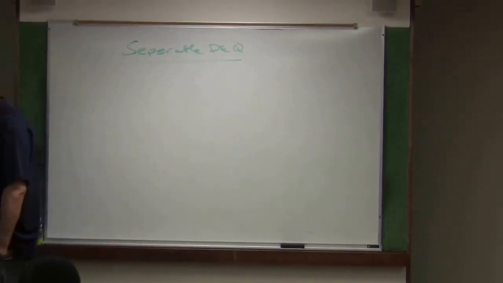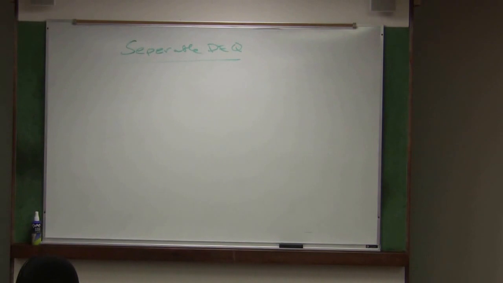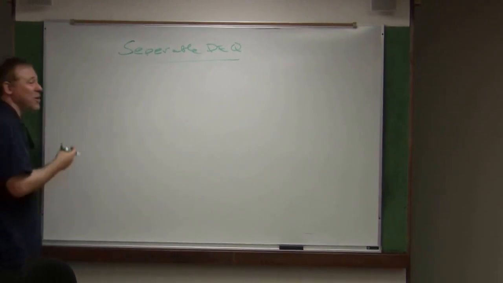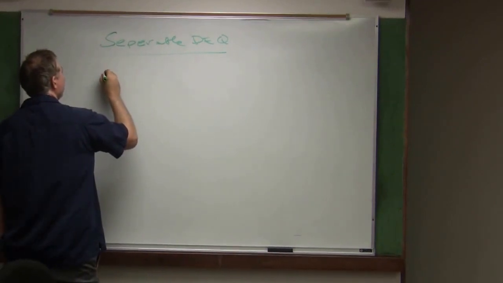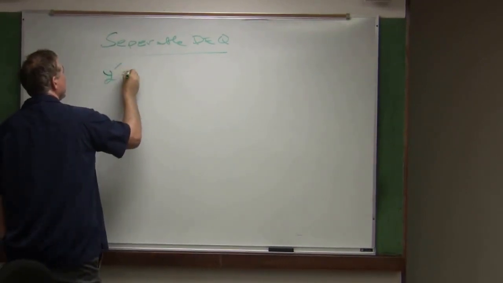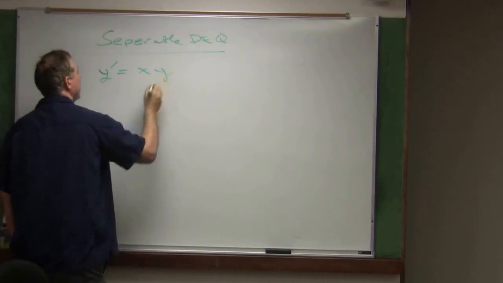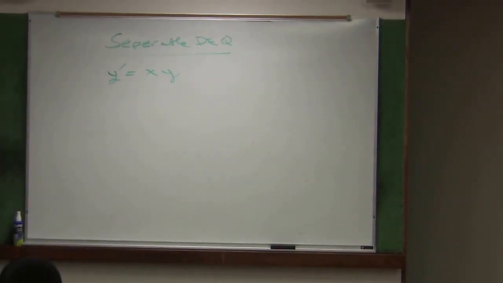Now the first thing you've got to realize about a differential equation is that the variable is a function. The variable y is a function of x. So when you see a differential equation that says y prime is equal to xy, solve for y.